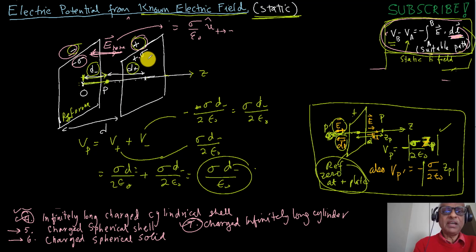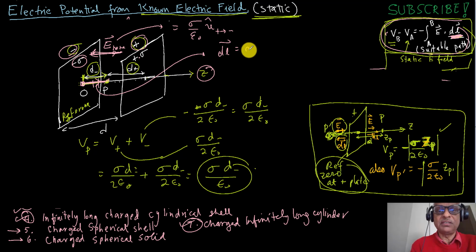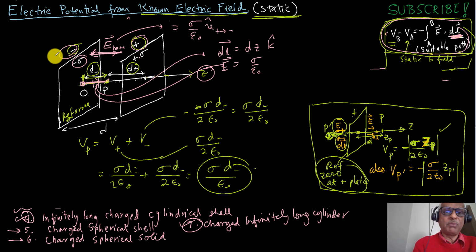So we have this situation, and we want to take this as a reference. From the reference to the point P, we set up the dl. It will be along the z-axis, dz, and the electric field inside at that point is sigma over epsilon naught from positive plate to negative plate, which is minus k hat.